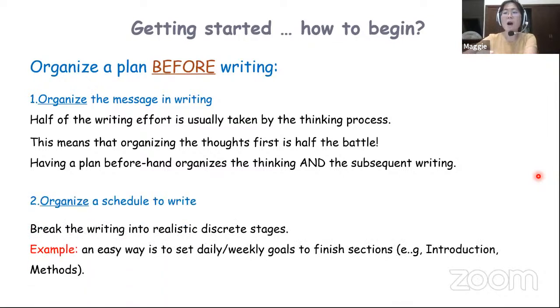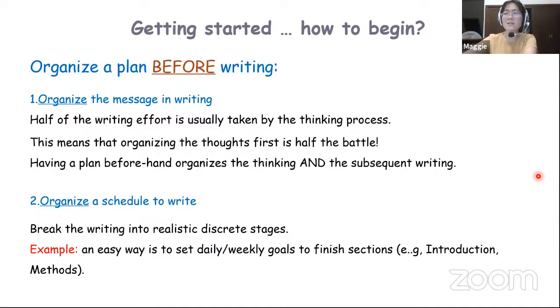And then organize a schedule to write. Usually break the writing into realistic, discrete stages. For example, an easy way is to set daily or weekly goals to finish sections. For example, I plan to take 1 week to finish the introduction part. I will take 2 days to finish the materials and methods part.